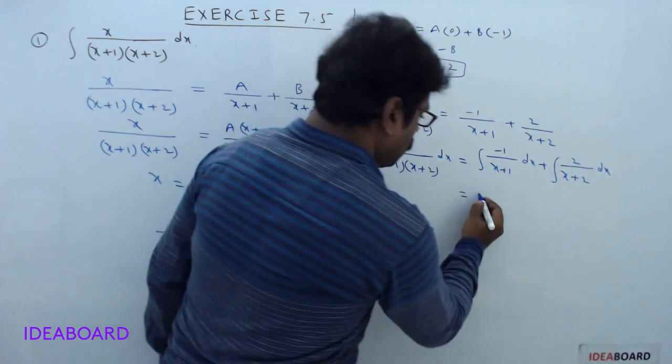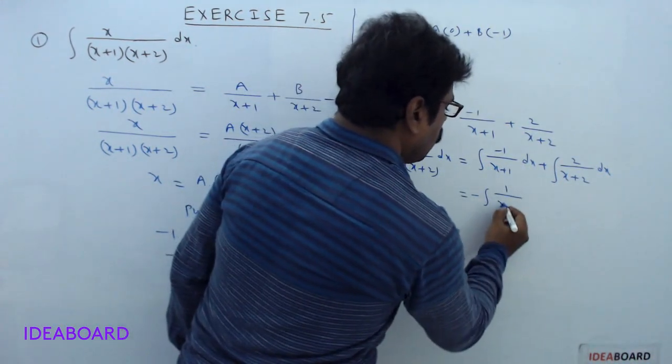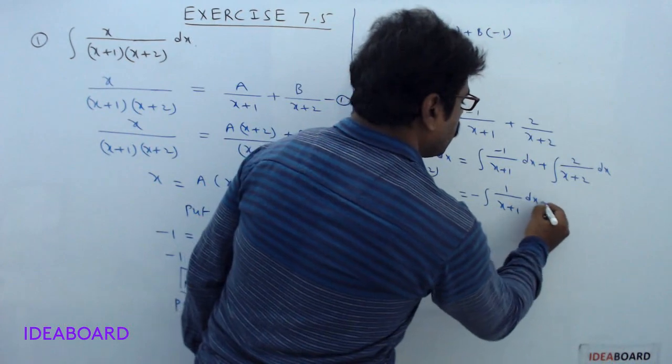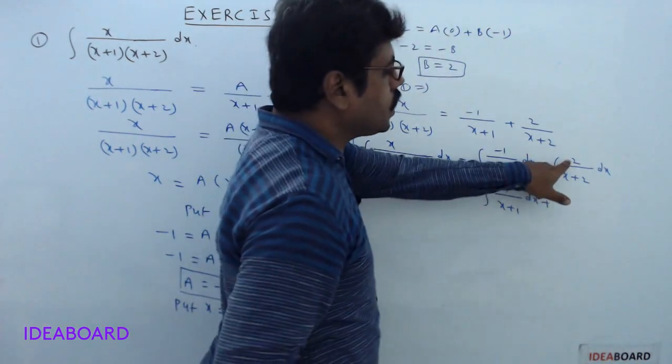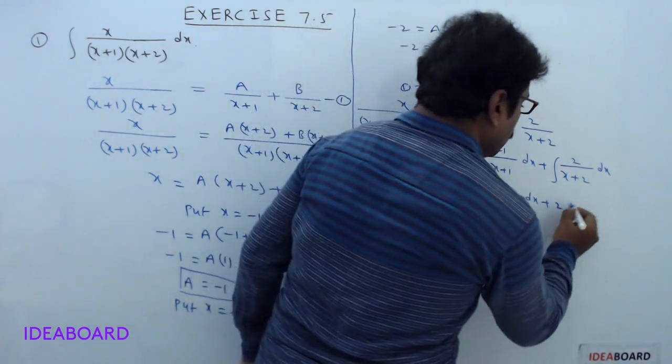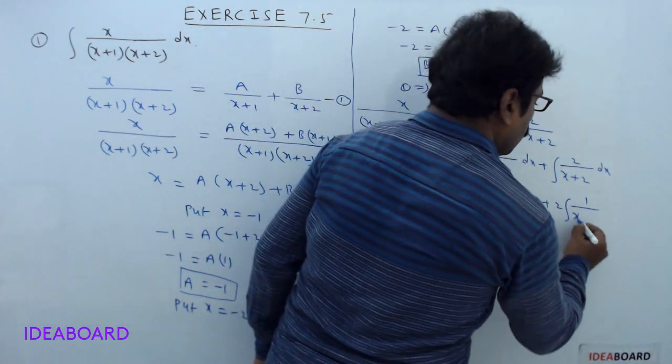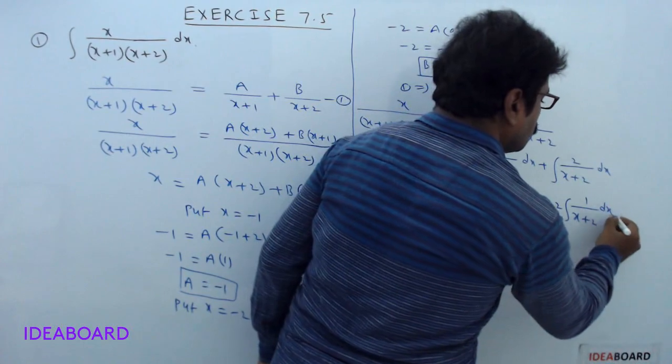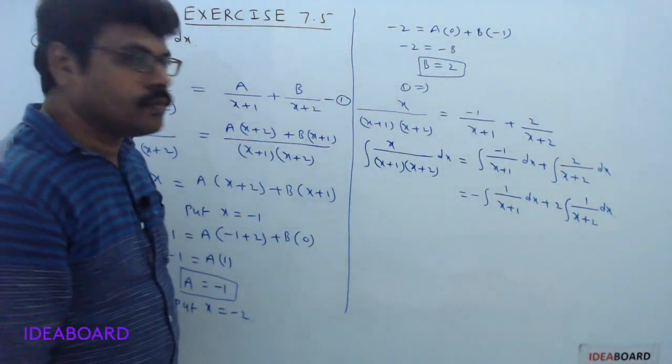Now this is equal to minus integral 1 divided by x plus 1 dx plus, 2 is a constant term, you can take it outside of integral, 2 into integral 1 divided by x plus 2 dx.